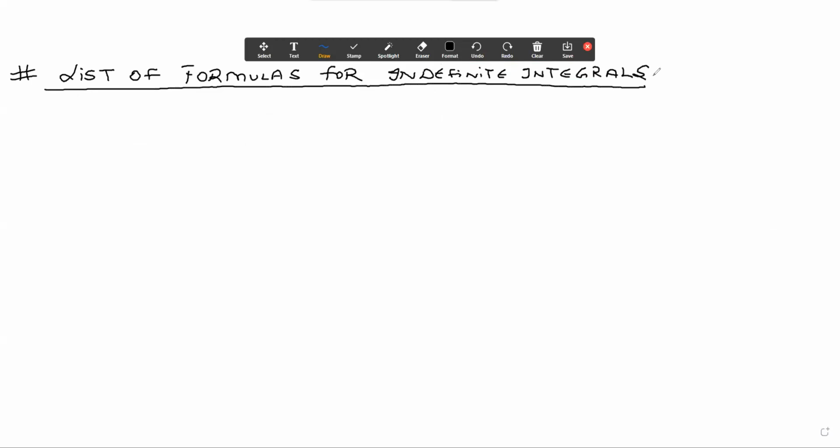I repeat, indefinite integrals are those integrals which are not defined in any one particular interval. If you define the integral in any one particular interval, it's called a definite integral, which we'll be doing in the later part of the lectures. Okay, so first let's look at the formula.